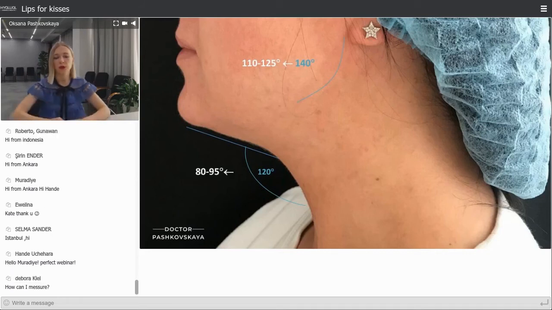So if we visually lead it to a smaller measure, we will refresh the profile. But also pay attention to the natural measure. Maybe not for every patient should we use additional volume in the jaw angles.